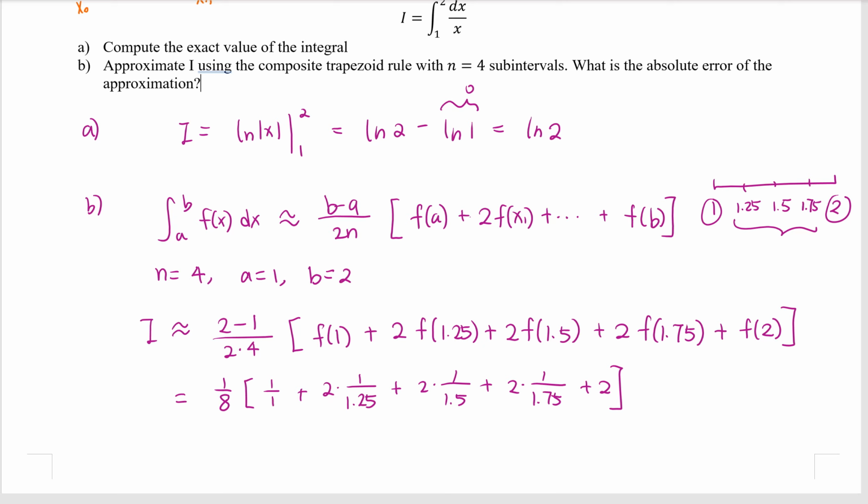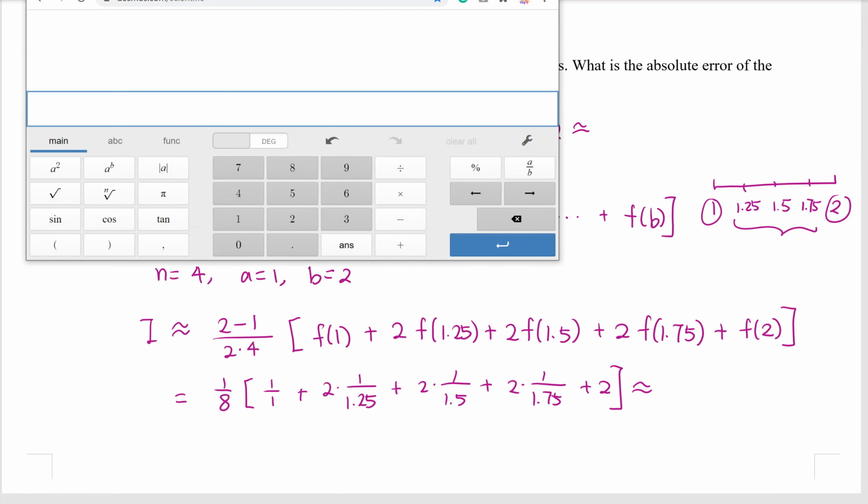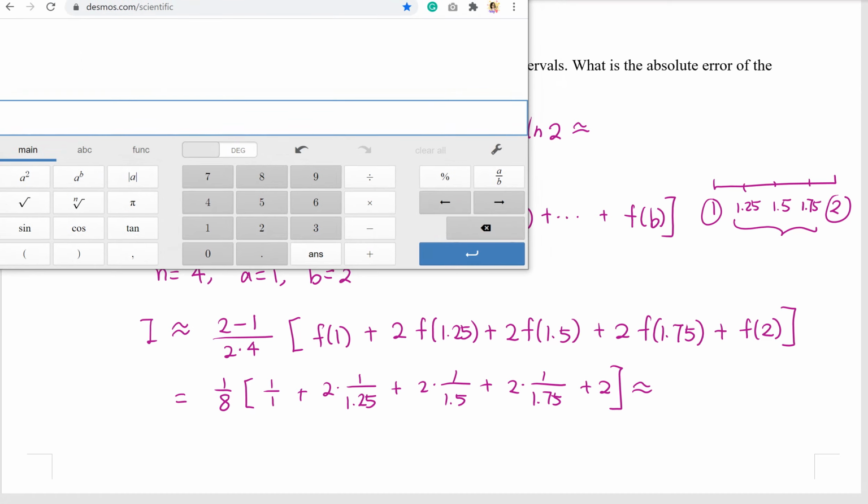Okay, so let's plug this into our calculator. By the way, because we want to compare, it's better to compute ln of 2 in our calculator to get the decimals. Then we can compare them.